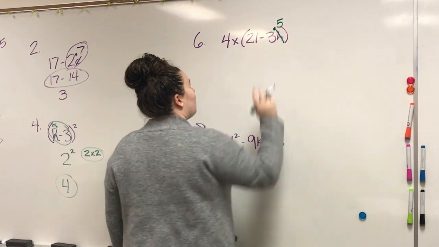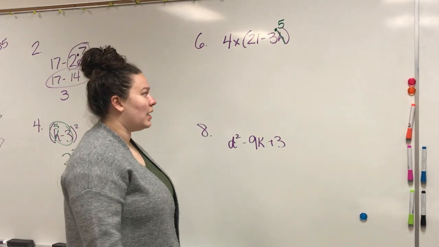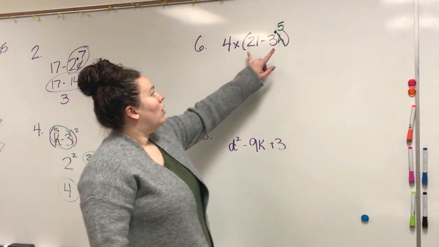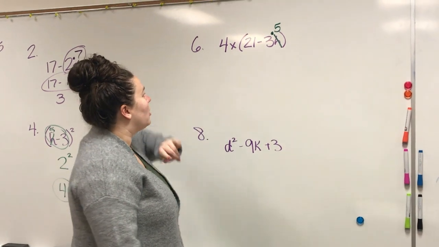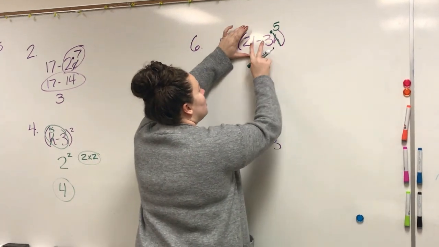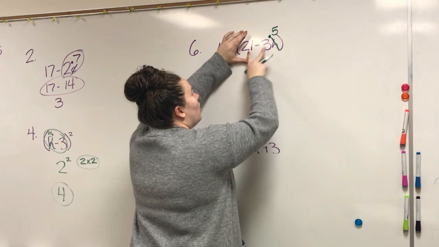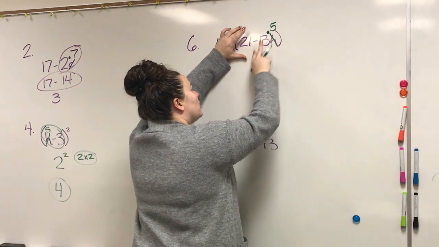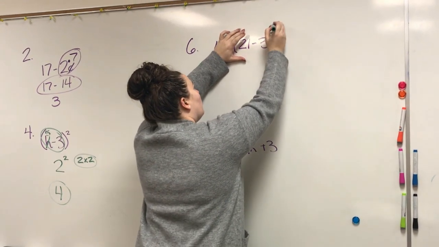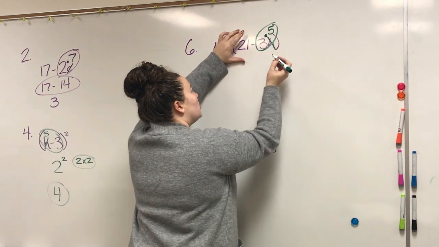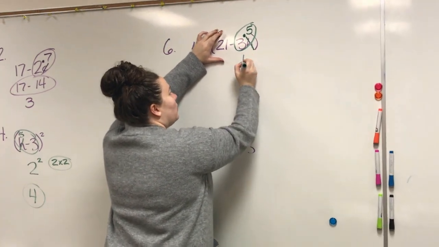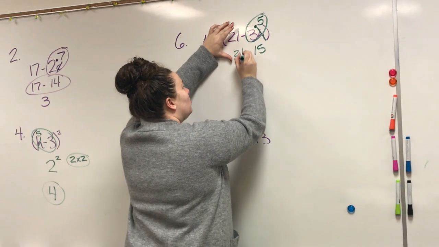And it said multiply by 5. We're going to do PEMDAS again. Starting out with parentheses, and within the parentheses there are 2 terms. There's a subtraction and there's a multiplication. We know that we need to start with multiplication. 3 times 5 is 15. I'm going to rewrite my problem.